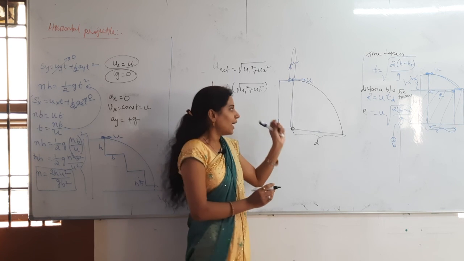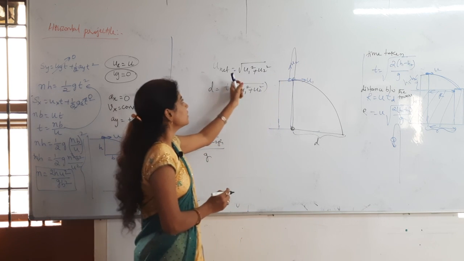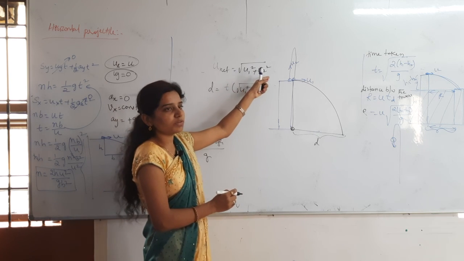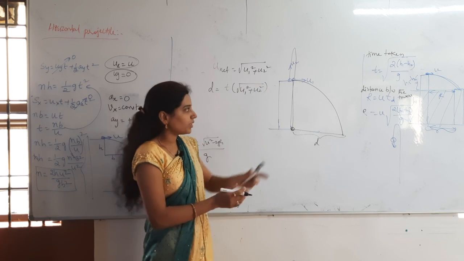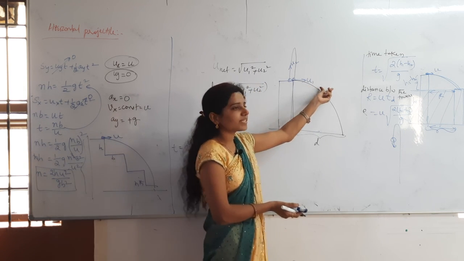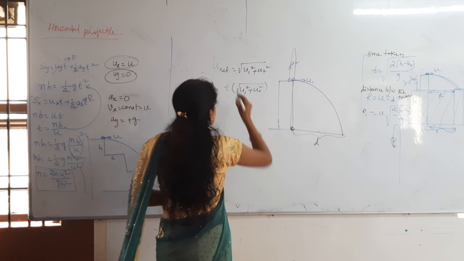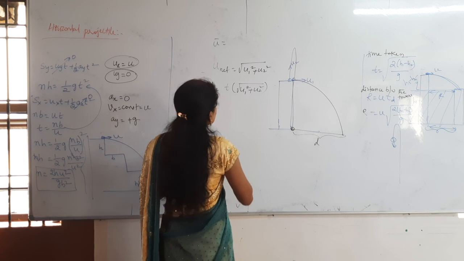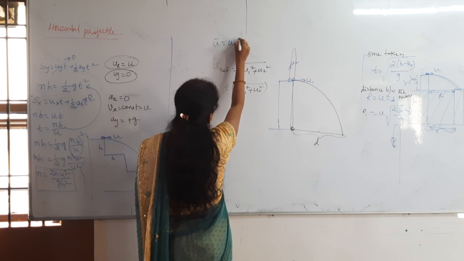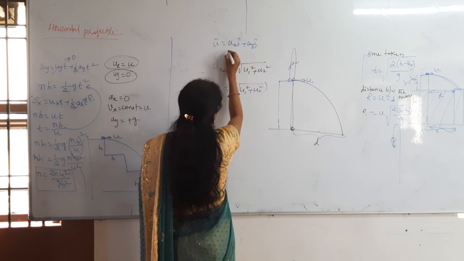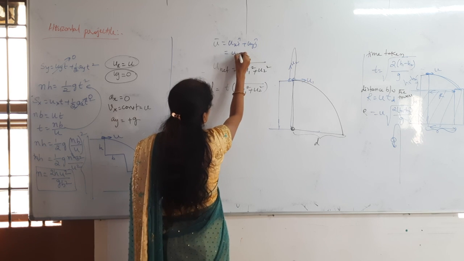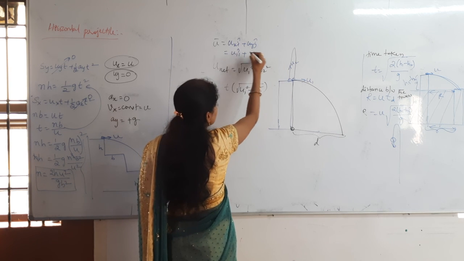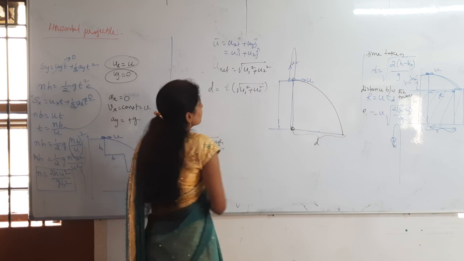Same time, I know the net velocity. How much is the net velocity? U net is equal to under root u1 square plus u2 square. Why? Because u1 is along the X axis, so u bar is equal to ux i cap plus uy j cap. Ux means u1 i cap, uy means u2 j cap.